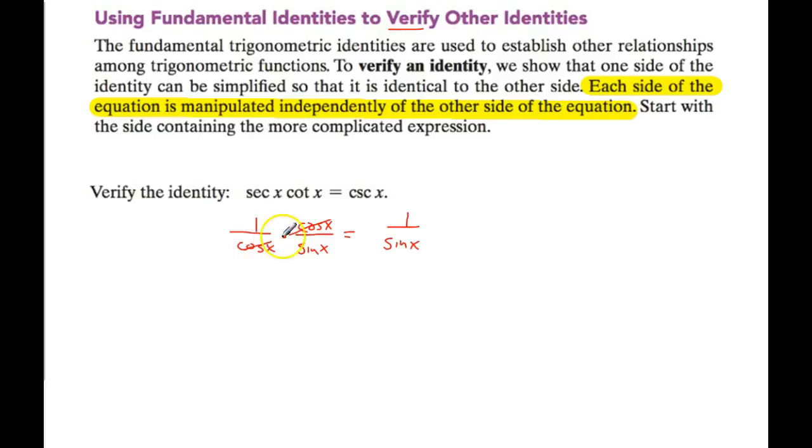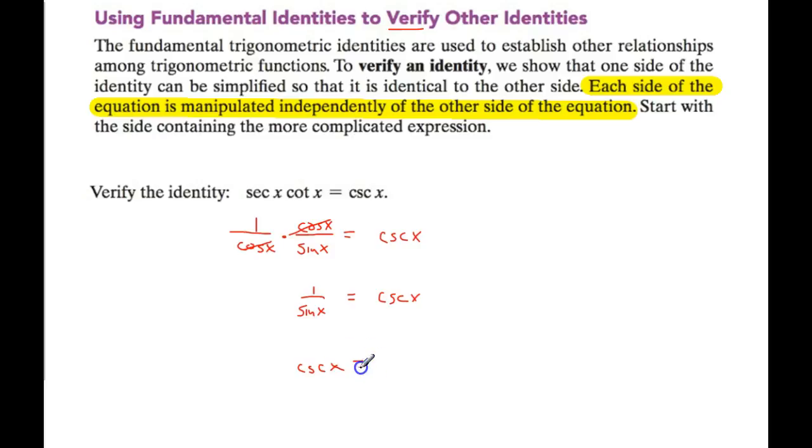There's a cosine above and below, so I end up with 1 over sine equals 1 over sine. Now I could have left this as cosecant, which would have been fine, to just not work with it at all and just show that I get the other side. So cosecant x, and then 1 over sine is cosecant x. And then I have proven the identity.